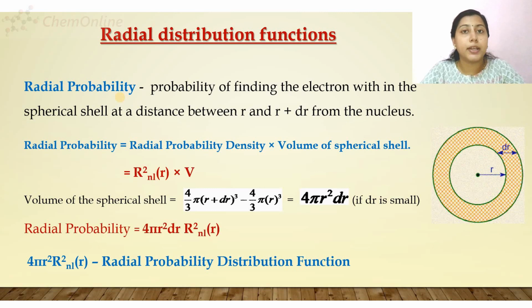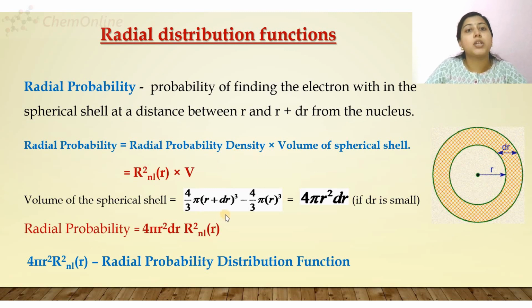It is the probability of finding the electron within the spherical shell at a distance between r and r plus dr from the nucleus, which is equal to the radial probability density times the volume of the spherical shell. The radial probability density is nothing but the square of the radial wave function, that is R squared, times the volume of the spherical shell.